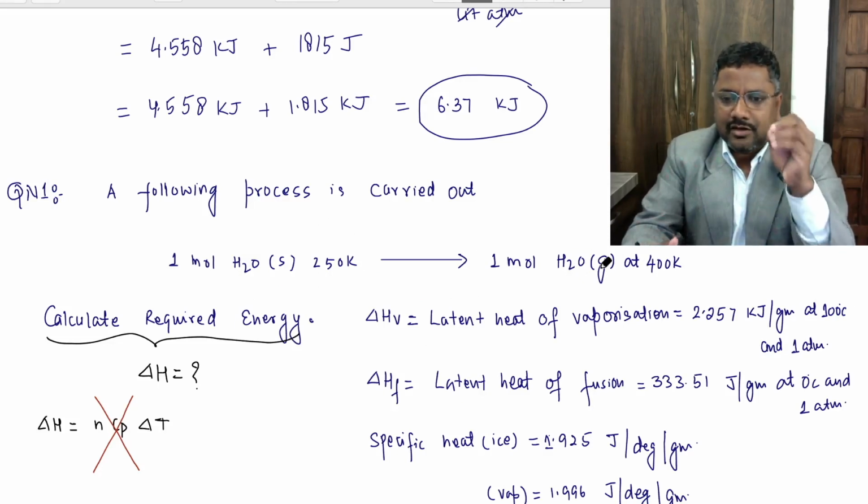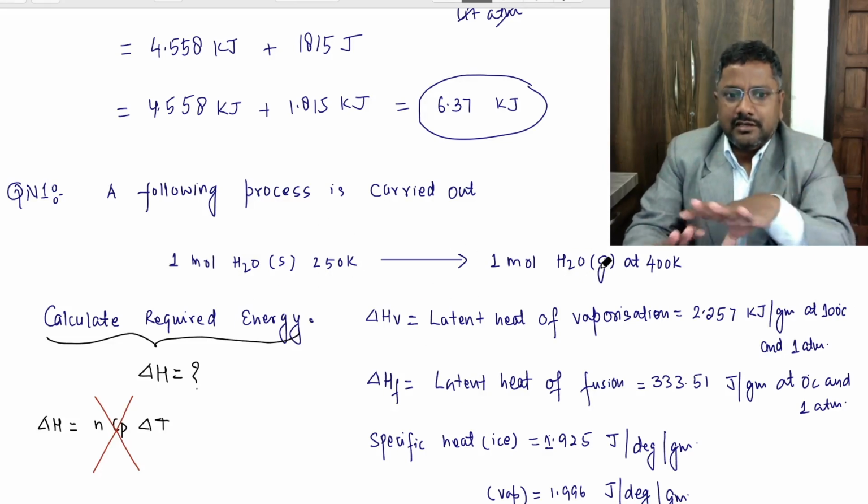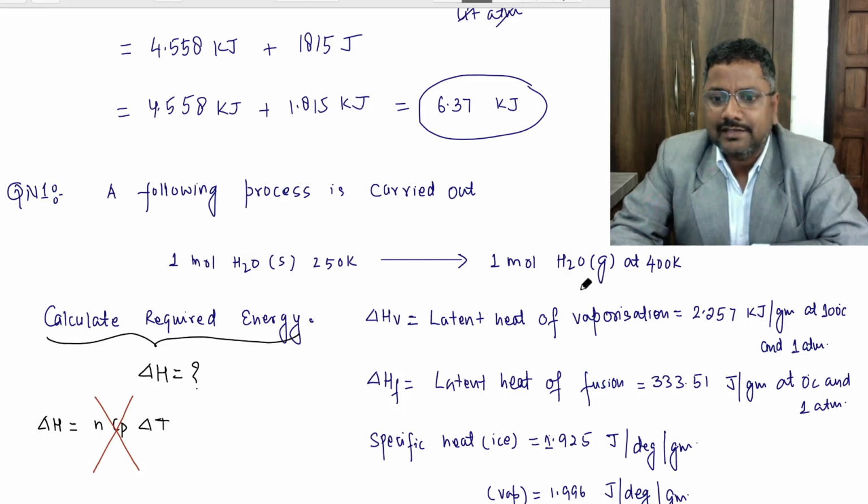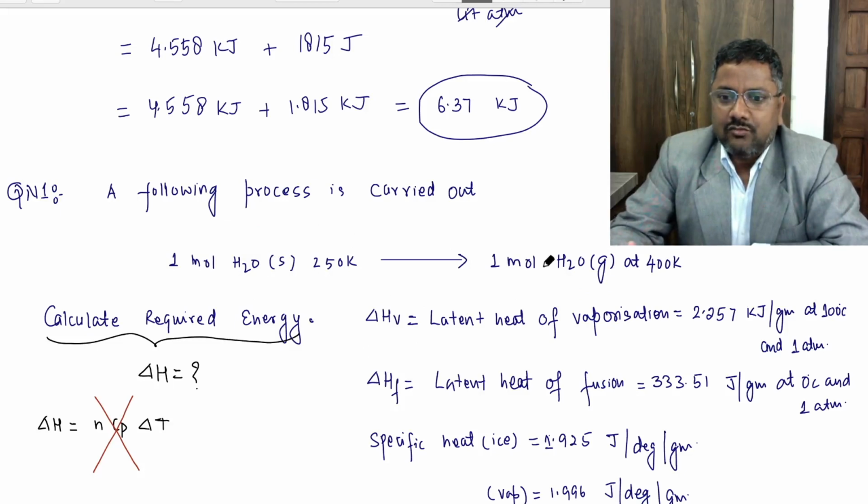No, if you do it like this, using this formula here, your answer will be incorrect, because from this ice to gas there are so many steps involved, and you have to consider those steps in the calculation of energy. This is called path designing.